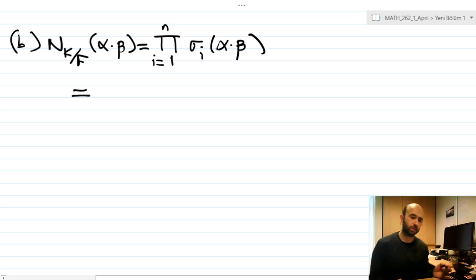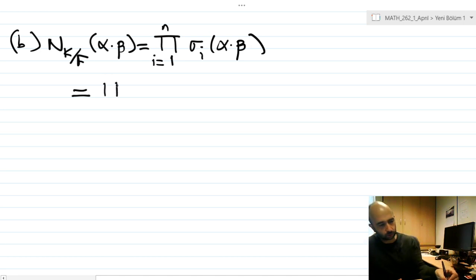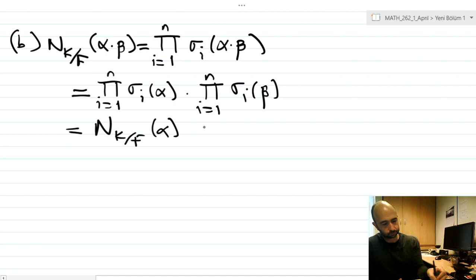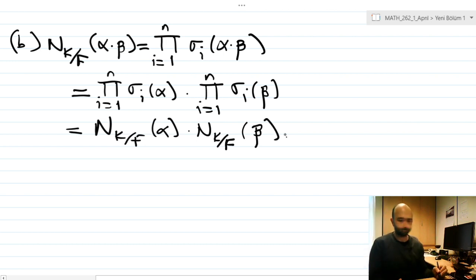But each of these sigma i's is an isomorphism, so you could as well separate these and even the product. And this gives you the result immediately. Okay.